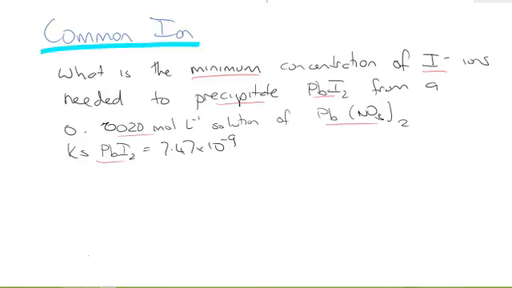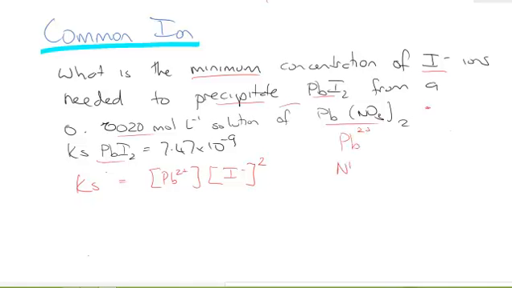Well, the first thing in all these questions, including the normal precipitate questions, is to write out the expression for what you're interested in. By expression, I mean, for instance, the one for the precipitate. So that would be Ks equals [Pb2+][I-] squared. Now they're saying this is a solution of lead nitrate, so that means there's Pb2+ ions and nitrate ions.